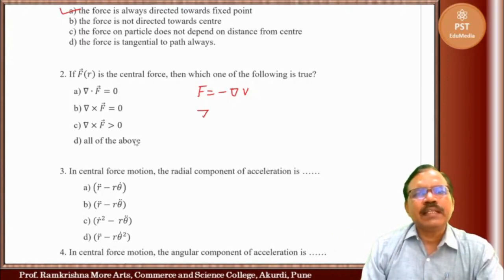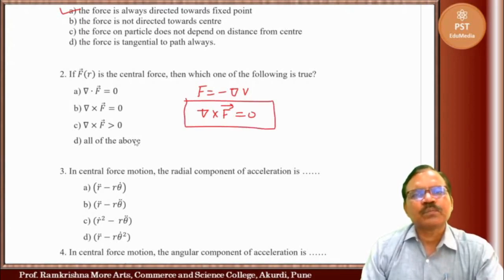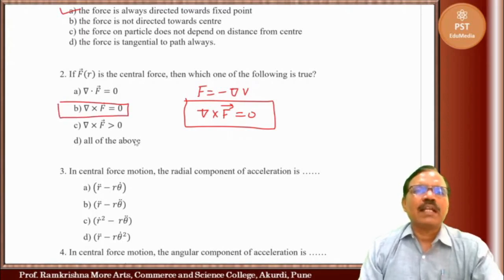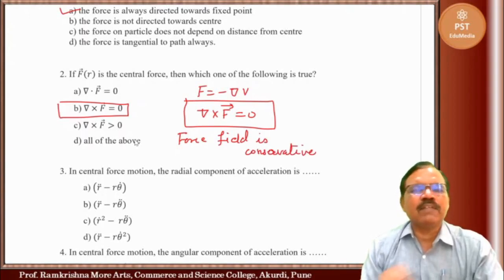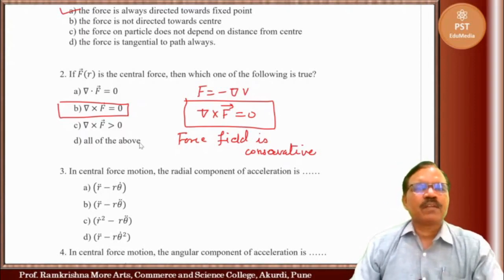So we get del cross F is equal to 0, and the force field is conservative. So central force field is always a conservative force field.